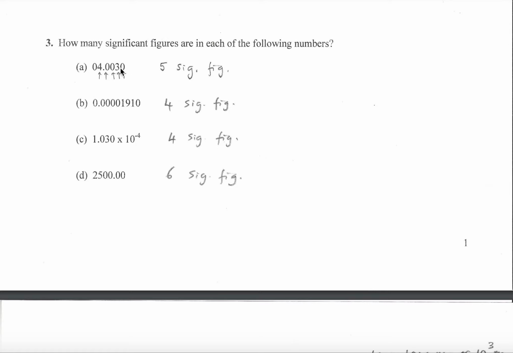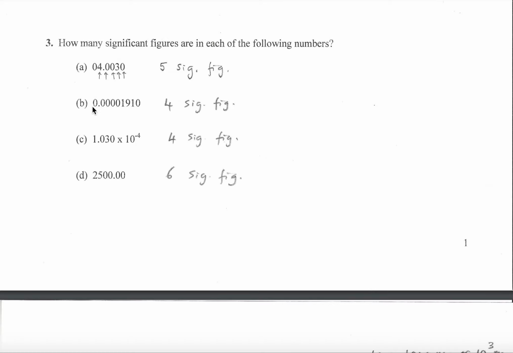Now we count everything starting from the 4 all the way to the right, because of the decimal point. The 0 in front of the number 4 has no value and no precision either, so we don't have to count that one. Therefore, it has 5 significant figures.